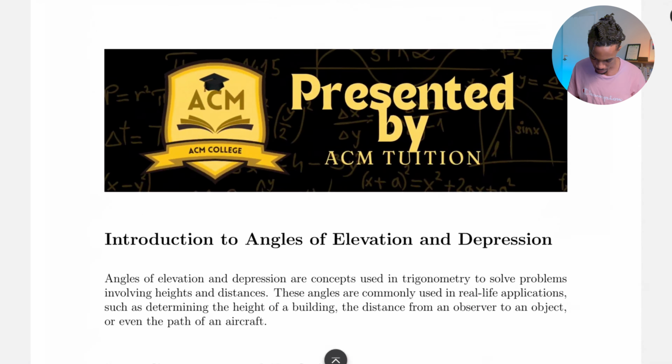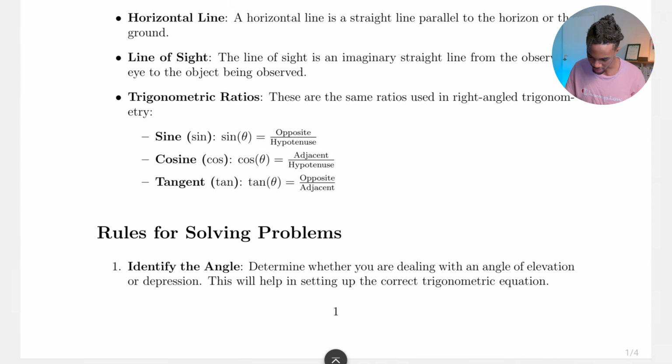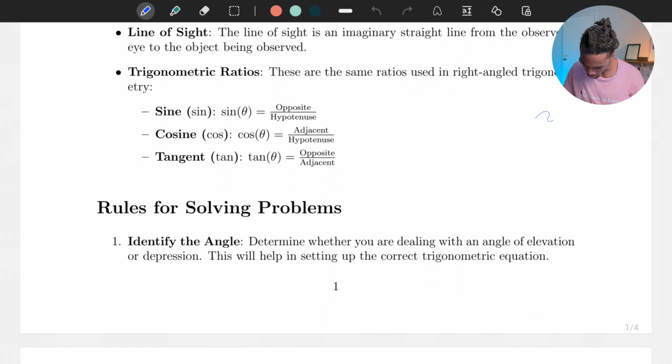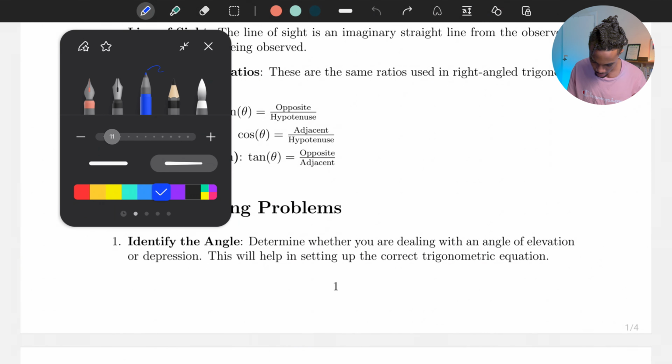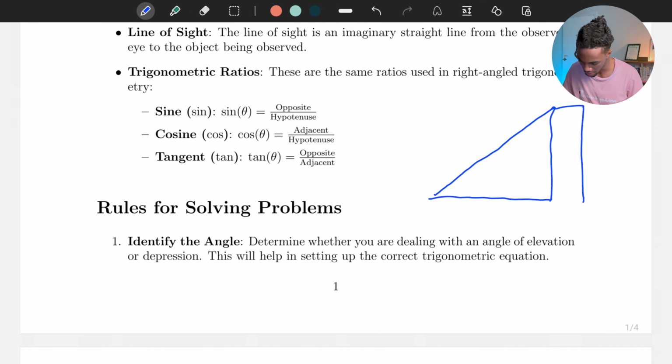Okay, so when we're talking about angles of elevation and depression, if I draw this out, let's say we have a cliff here, and the ocean here, and you are on a small little boat here.